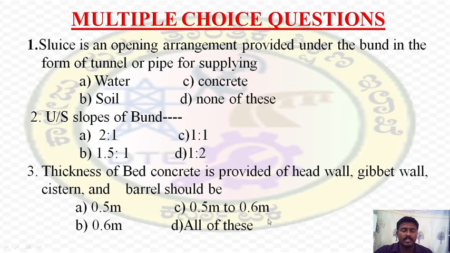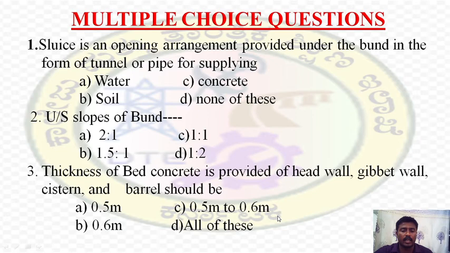Answer is 0.5 to 0.6 meter, depending upon the size of the component or depending upon soil conditions. The cement concrete bed should be decided. So I will move on to the next slide.